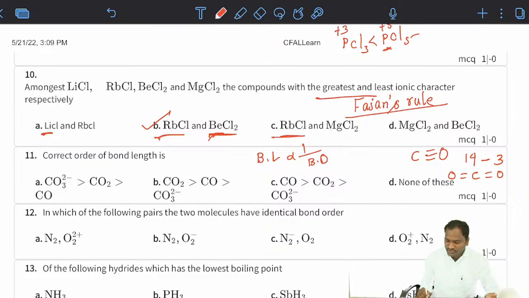Next CO3 2 minus. It forms resonating structures. So total 3 resonating structures are possible. So how to find out bond order in case of resonating molecule, students?